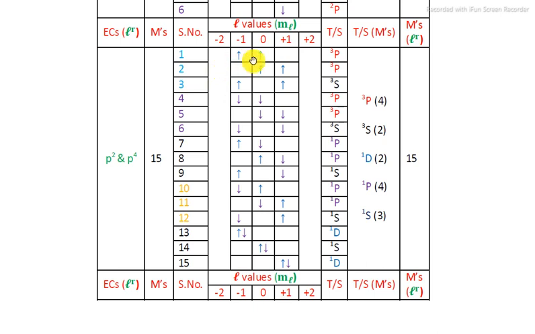If the 2 electrons are with positive spin: first orbital, second orbital, positive spin; middle orbital, last orbital, positive spin; first orbital and the last orbital, positive spin. 3 cases here. The reverse of these 3 cases, you get up to here, negative spin. Both the 2 electrons in that subshell are with negative spin.